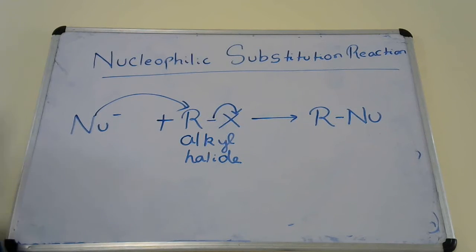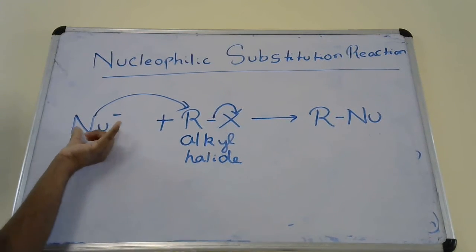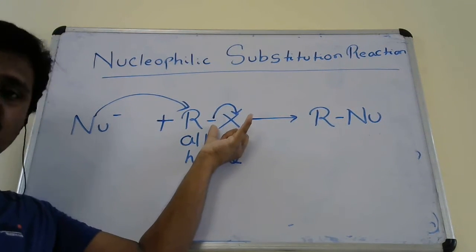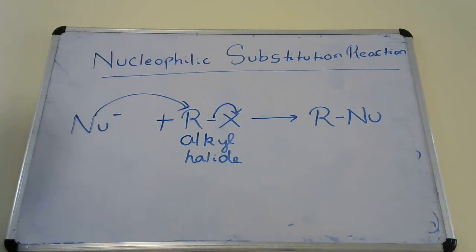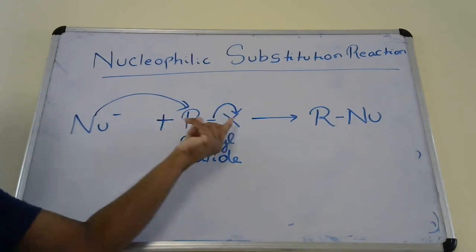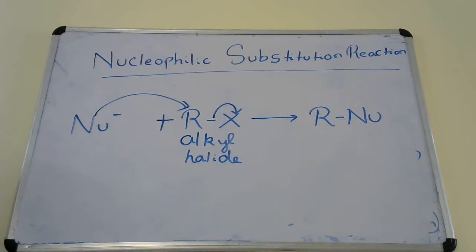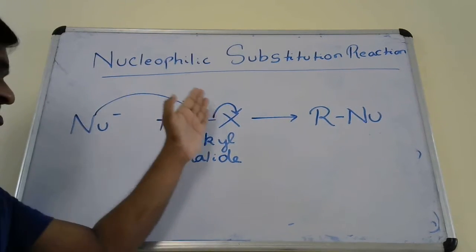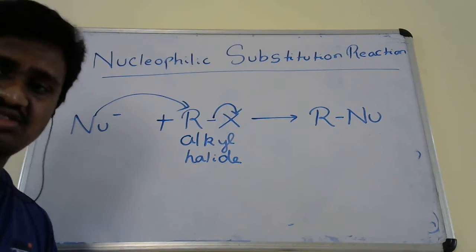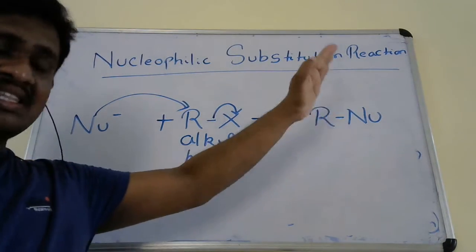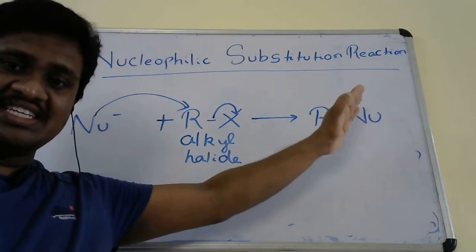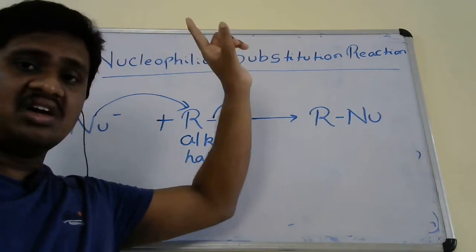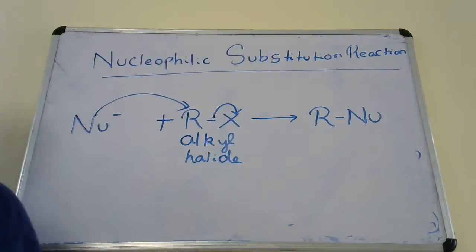So what is the nucleophile doing? The nucleophile is replacing this halogen, yes or no? Yes. You observe the product. Instead of the halogen, now there is a new nucleophile.